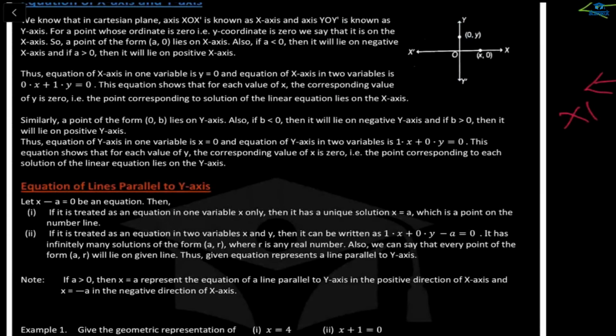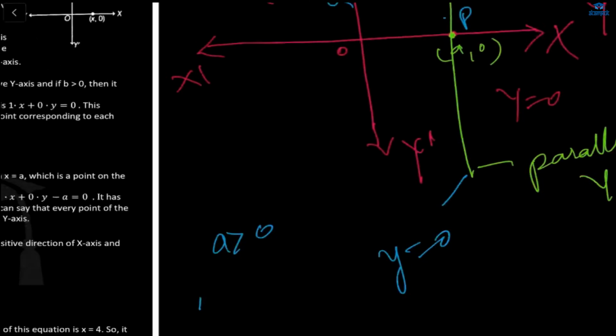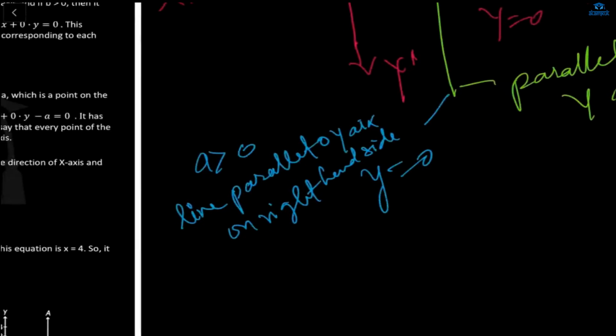Moreover, you have to check that if a is greater than 0, then the line parallel to the y-axis is on the right hand side, on the positive side of the x-axis. And if a is less than 0, then it will be on the negative side.